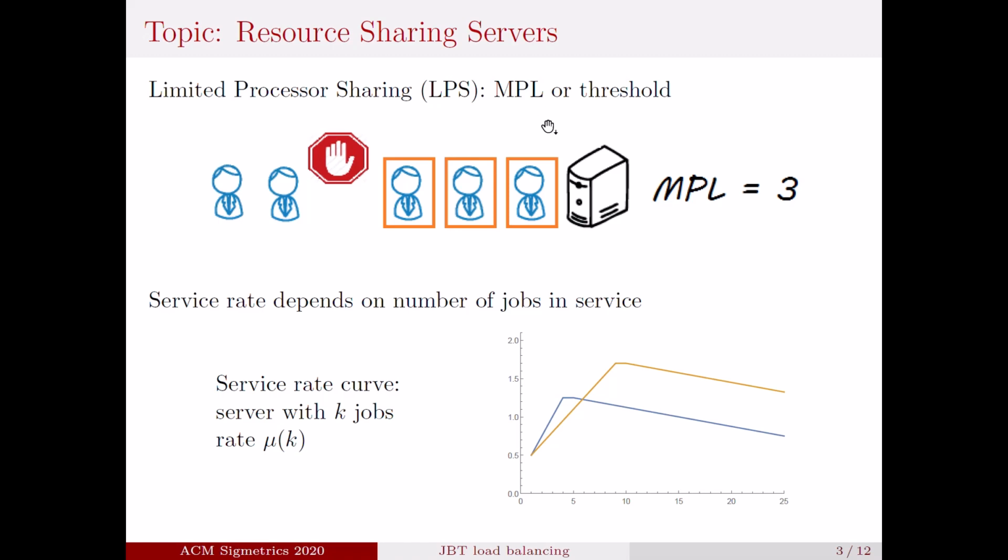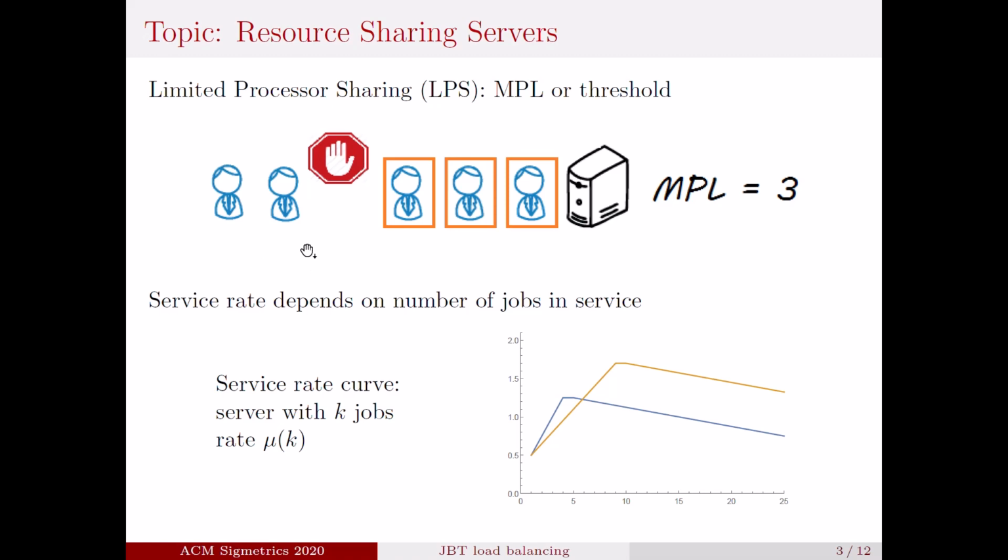In this talk we will also refer to the MPL as the threshold. In my example here, I have a server with an MPL equal to 3, which means it can serve up to 3 jobs at the same time. If it serves multiple jobs at the same time, the service capacity of the server is divided equally among those jobs. And if there are more jobs than the MPL value, then those jobs have to wait in line to receive service.